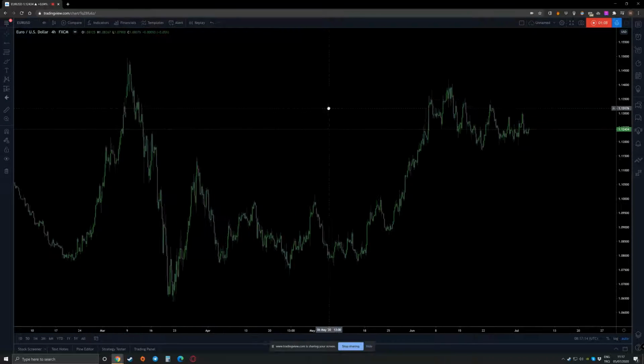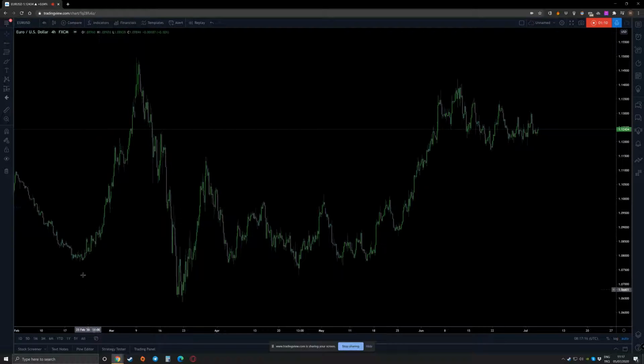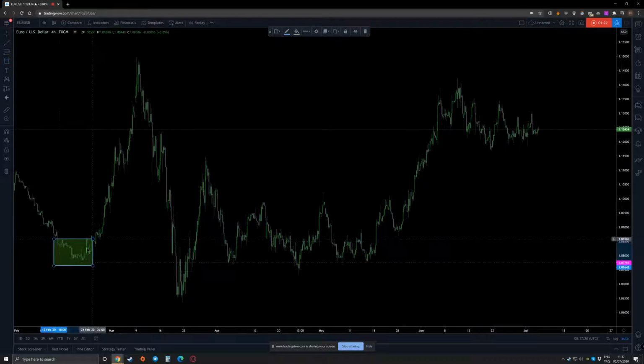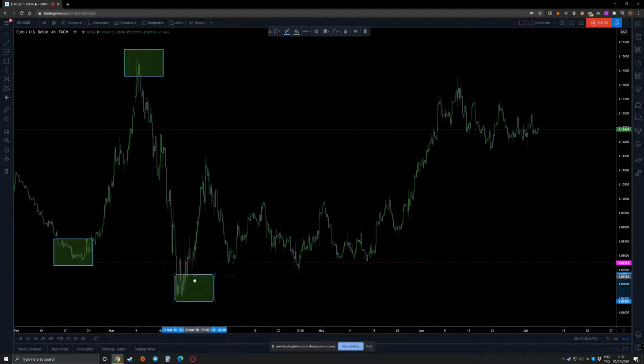So for example, if you're looking at a chart like this and you take this point, because as you can see after this, some move like something here, the market reverses and starts going up. And look, another turning point of the market is here. Another turning point is here.